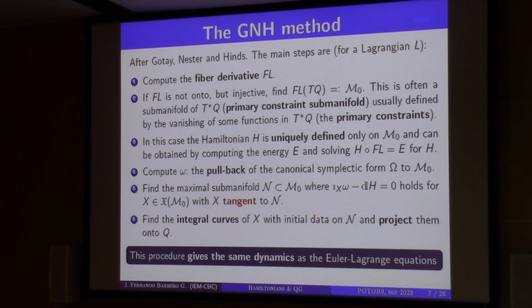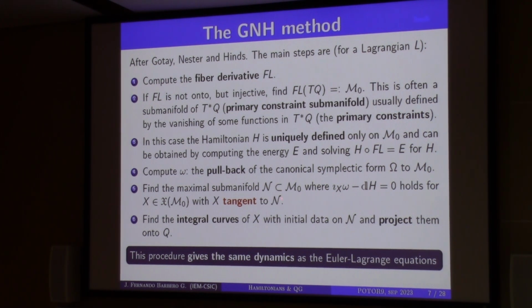You have to find the maximum, the biggest submanifold in some sense, contained in the primary constraint submanifold such that, first, this equation holds. So this is the definition of the Hamiltonian vector fields. The difference is that now I have the pullback of the canonical symplectic form to the primary constraint submanifold. And in such a way that the field that I find as a solution to this is tangent to this maximal submanifold.